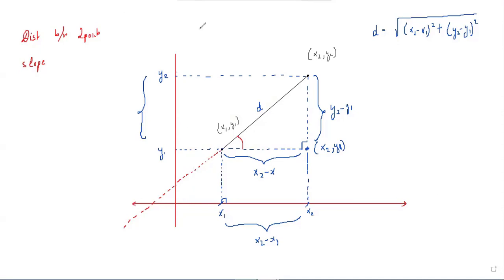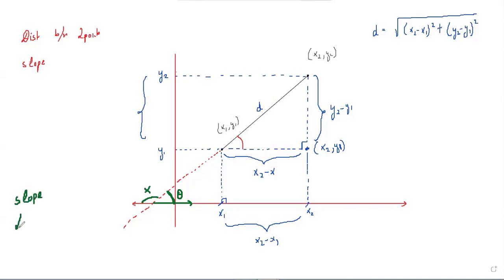The angle formed by the line with the positive x-axis, this angle theta, is the slope of the line. So here we have the positive x-axis, this side, right? Not this side. This is not theta. The line and the positive side of the x-axis, this is theta. So this is called your slope.